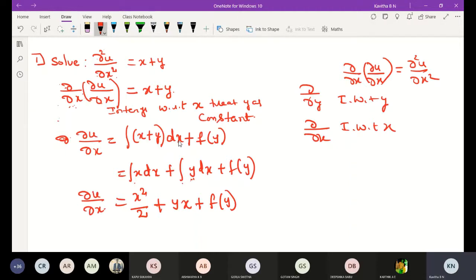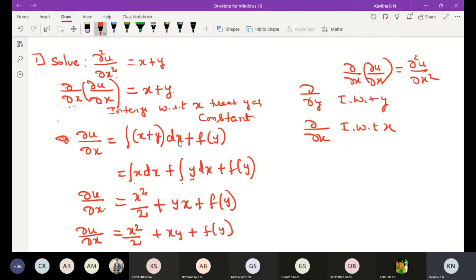Plus f of y. Then ∂u/∂x is equal to x²/2 + xy + f(y).